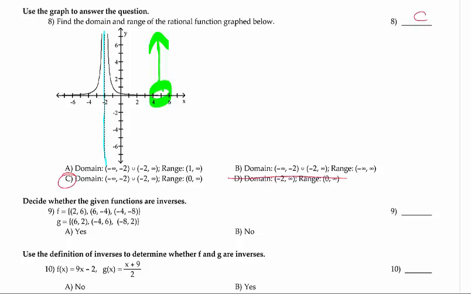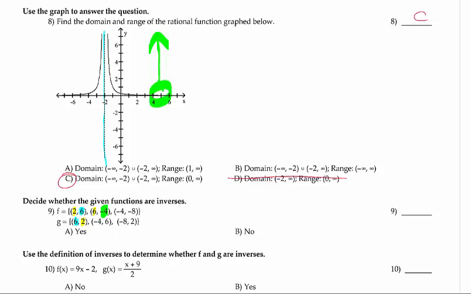For number 9, we're deciding whether the given functions are inverses of each other. And for them to be inverses of each other, the input has to equal the output of the other function. So for instance, you input 2, you get out 6 for the original function, and note how that is just reversed for the other guy. And then let's look here. You input 6, you get -4.